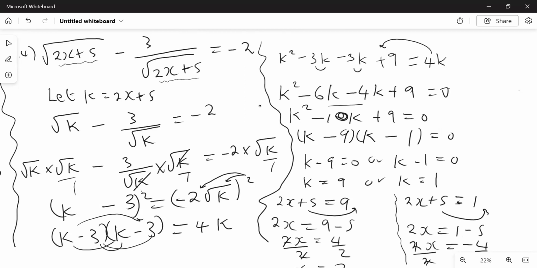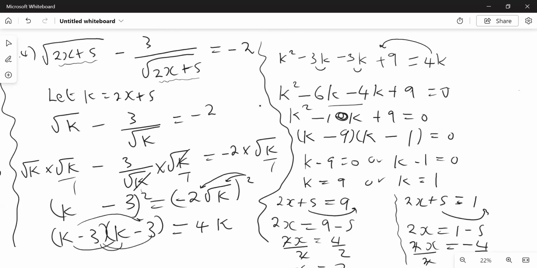You need to substitute 2 back into this equation and then check if the left hand side is equal to the right hand side. If the left hand side is not equal to the right hand side, that solution is not applicable. We checked 2, and we didn't get negative 2, which means that one is not applicable.